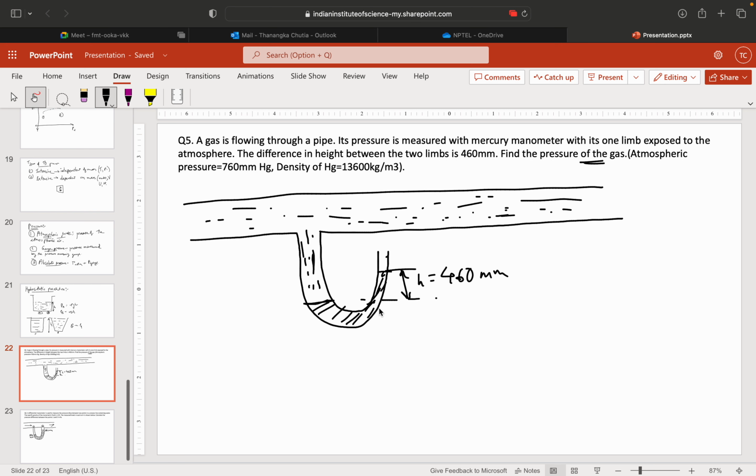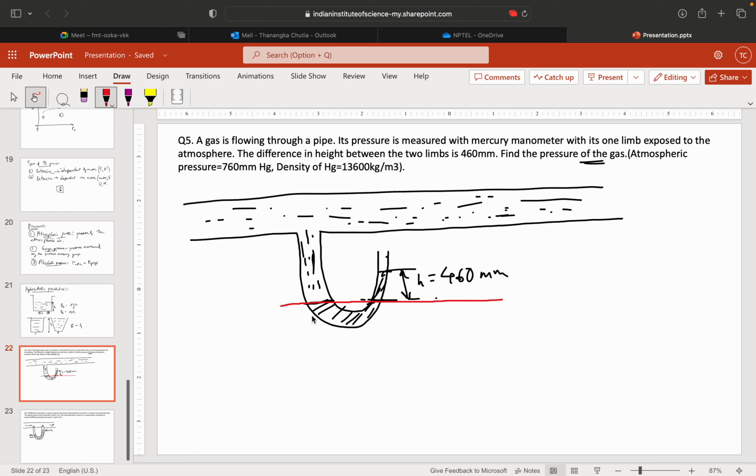We will take the base at this height. Let me change the color, then you will understand. This means that along this entire line, wherever you go, you will feel the same pressure, whatever liquid or gas is above you. This is the hydrostatic paradox.